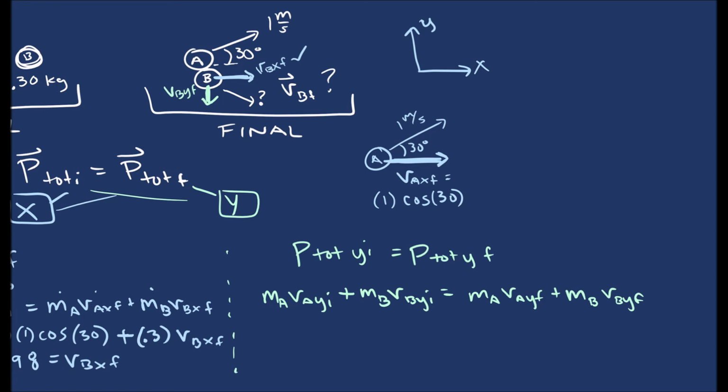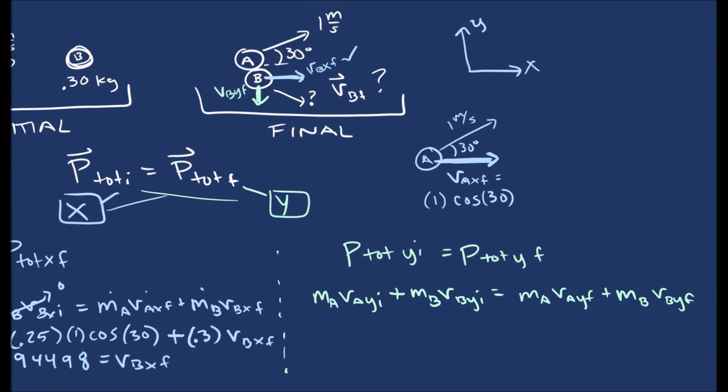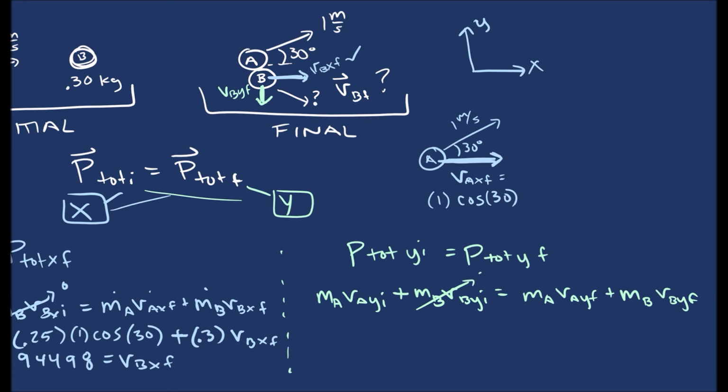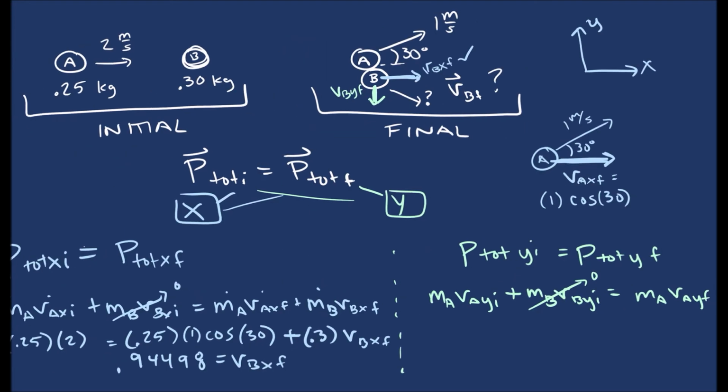Just like in the x direction, we have no velocity of billiard ball B to begin with, so that whole term cancels out. And in this case, take a look at this: our A had 0 y velocity, so this term cancels out as well, because the velocity in the y is initially 0. After the collision, however, there was some y velocity.